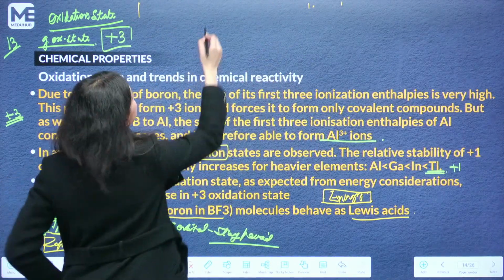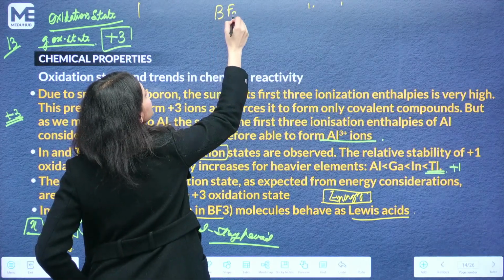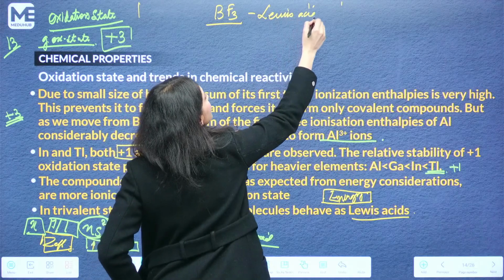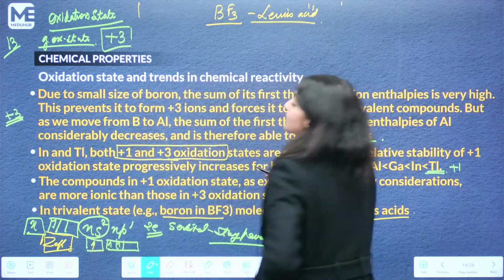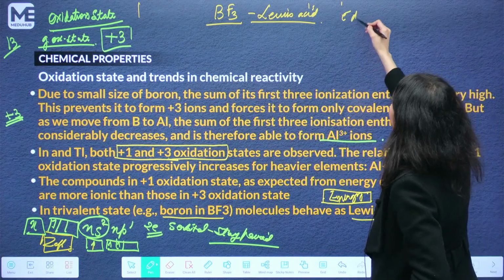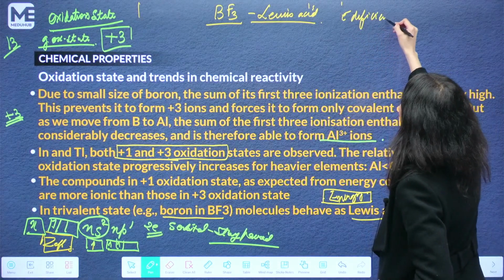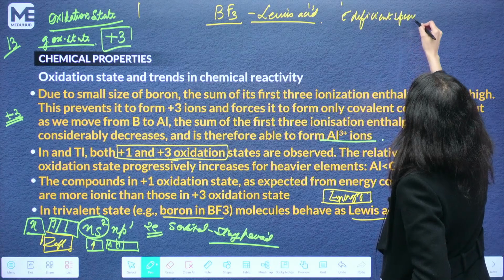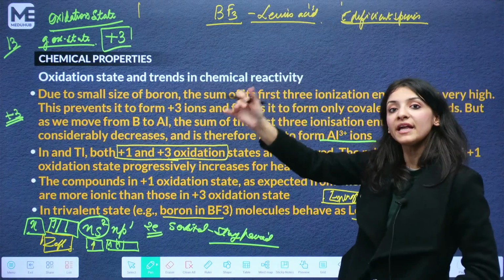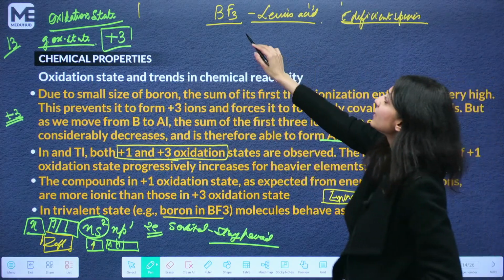Now why does boron in its trivalent state like in BF3 behave as a Lewis acid? What is a Lewis acid? A Lewis acid is an electron deficient species. An electron deficient species is something that would want to take some electrons, and BF3 is a Lewis acid.